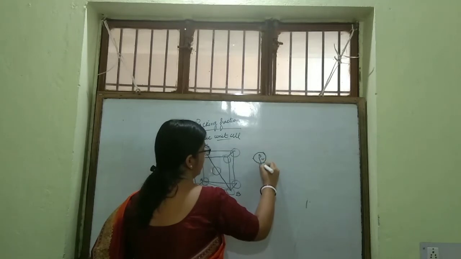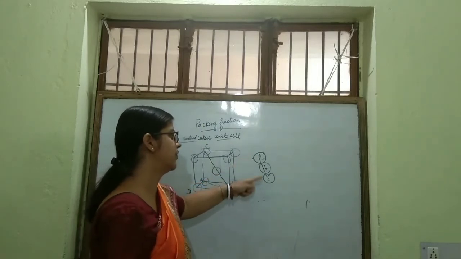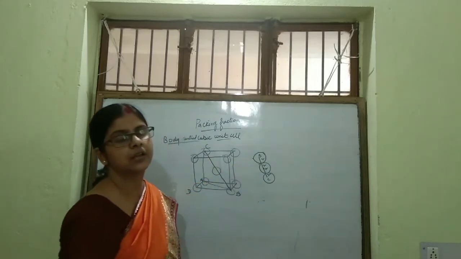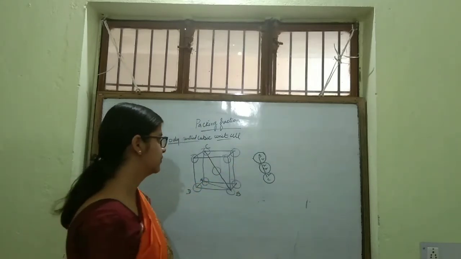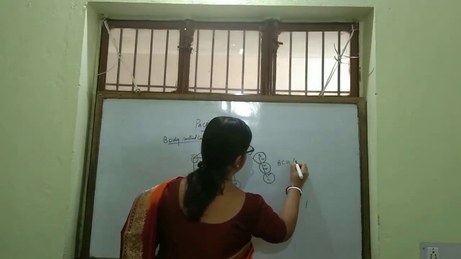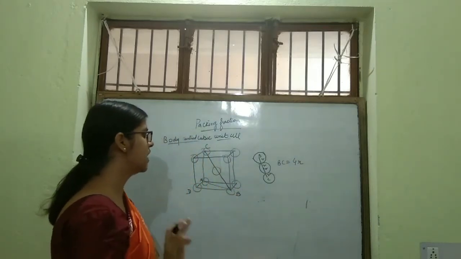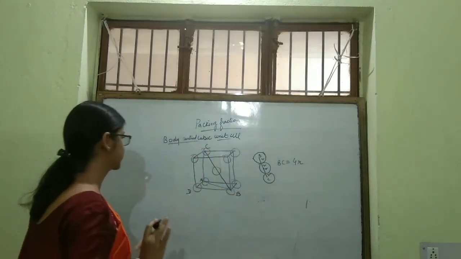What is its value? R, R, R, R. Here for the middle sphere you are getting the diameter, and for the two corners you are getting R and R. So what is the value of BC? BC is equal to 4R. No problem. Now you see, we'll solve this.